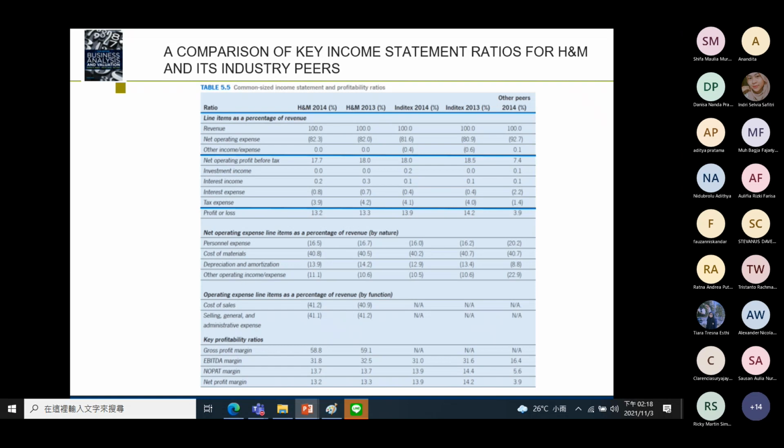Given H&M's strategy of selling fashion at an affordable price, the retailer couldn't easily compensate for its higher cost of sales by raising its selling price.